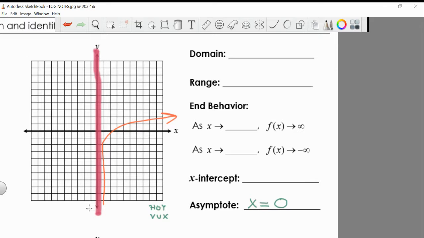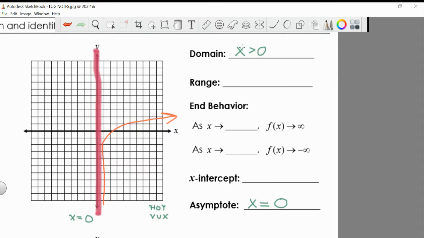Now this means that this number 0 is kind of like my rock star number. This number 0 is going to be an answer to almost everything. Okay? So when I go to do my domain, it needs to be x greater than 0. Okay, now this is the inequality notation.